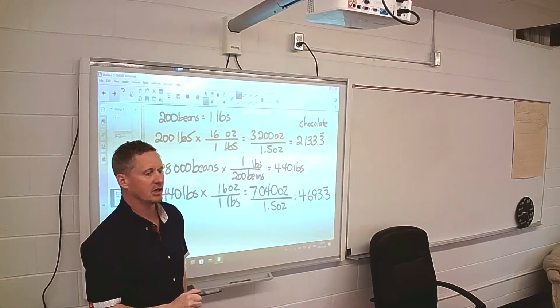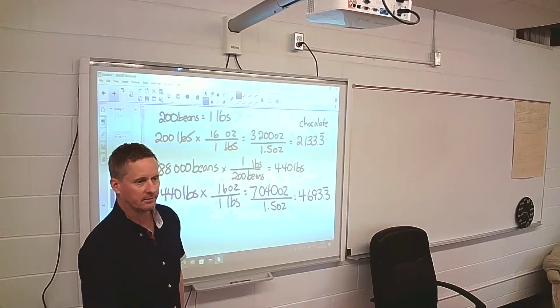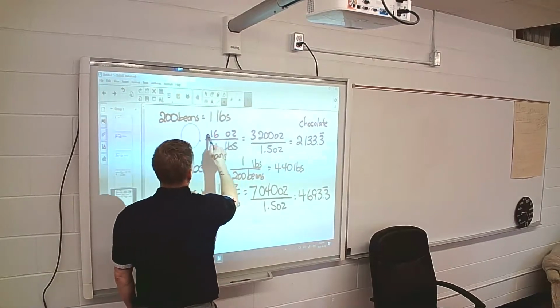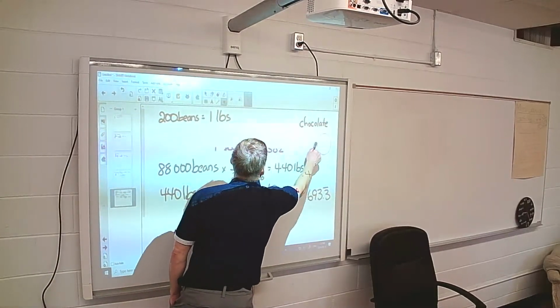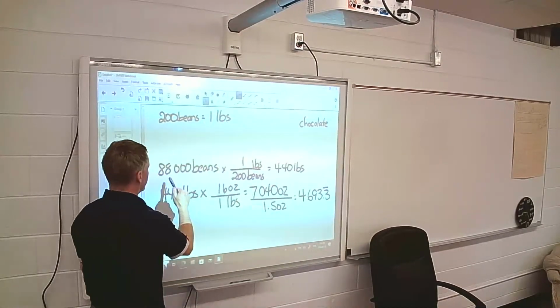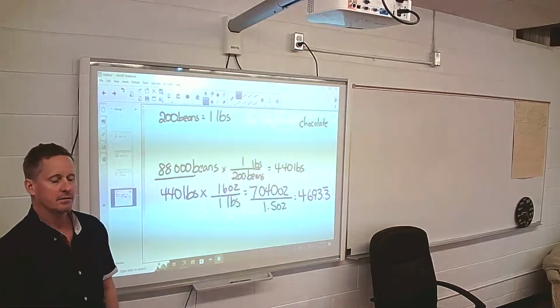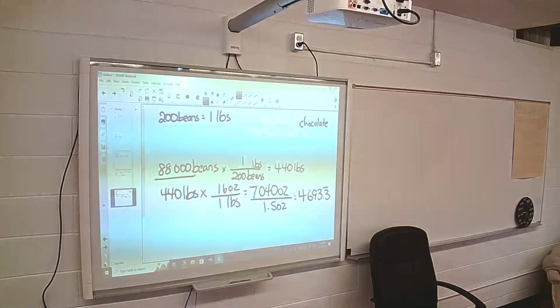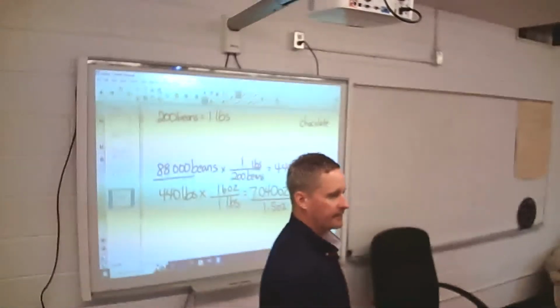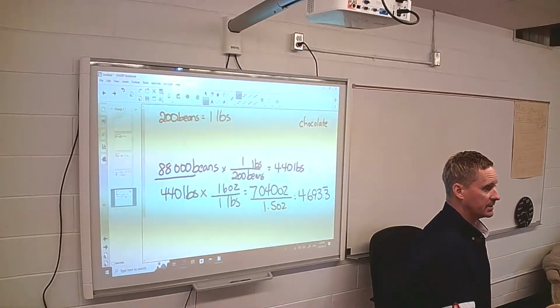That's not what it was. The cocoa beans make the chocolate. So all of this right here was no use to us because all it did was give us that. So we needed to use the beans instead of the size of the bag of the beans. Okay? Make sense?